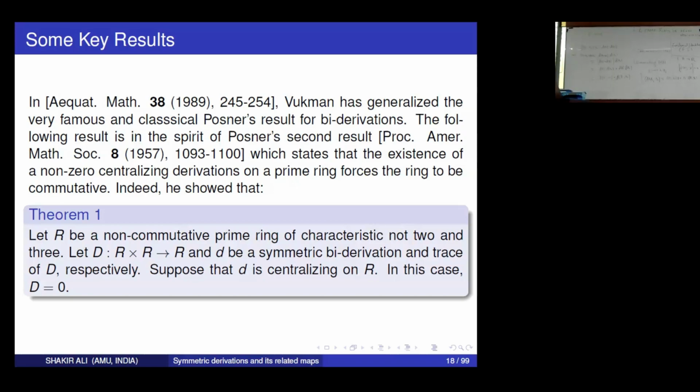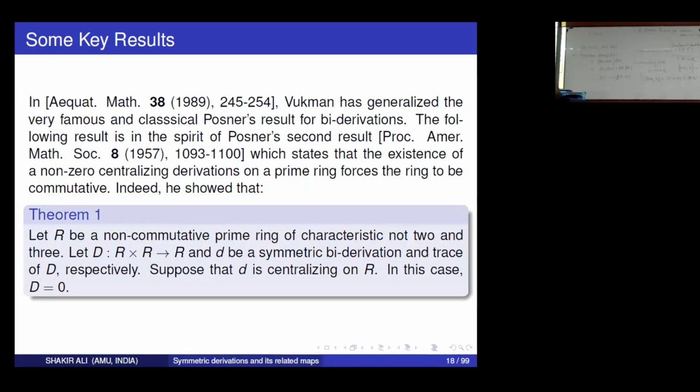In that case, suppose D is a symmetric bi-derivation with trace d, where d is the trace associated with capital D, and this trace is centralizing. In that case d becomes 0.